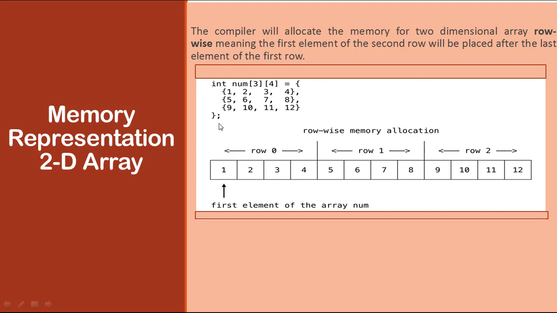Total number of rows in this array are 3 and number of columns in this array are 4. First element is stored at index num[0][0]. Second element is stored at index num[0][1]. Third element is stored at index num[0][2]. Fourth element is stored at index num[0][3] and so on.